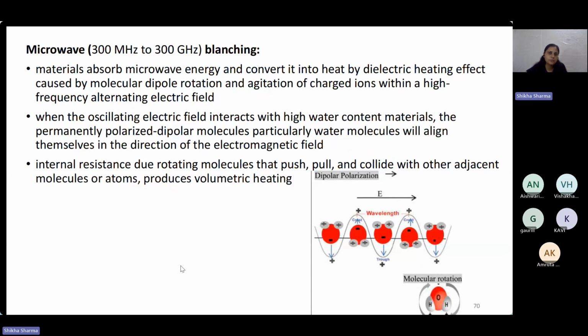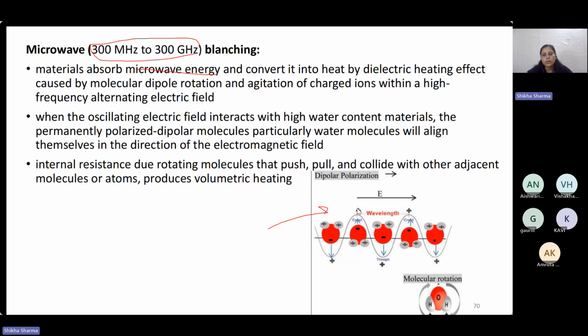Then there are novel technology methods like microwave blanching. Microwave blanching uses microwaves in the range of 300 megahertz to 300 gigahertz. When there is microwave energy, the material absorbs it, and water or polar compounds show dipole polarization.